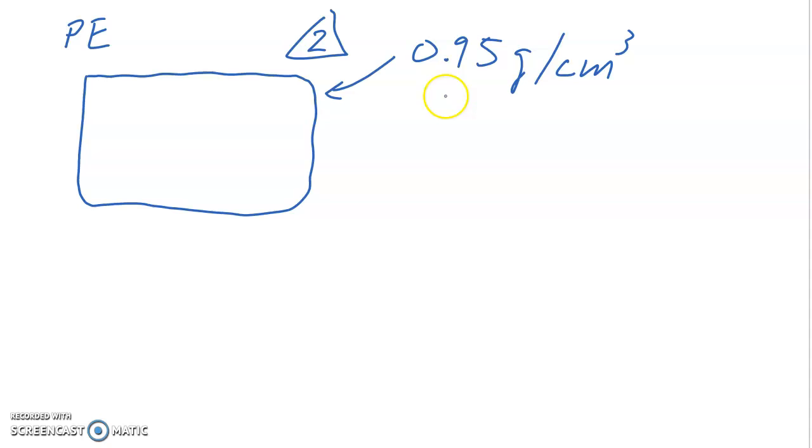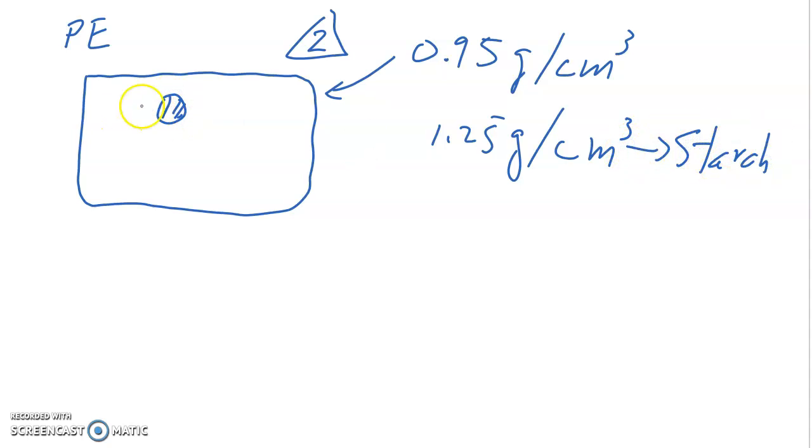So the student made the same hypothesis. What he thinks is that adding starch, which is much denser than polyethylene, will help. Starch is about 1.25 gram per cm cube. That is the density for starch.